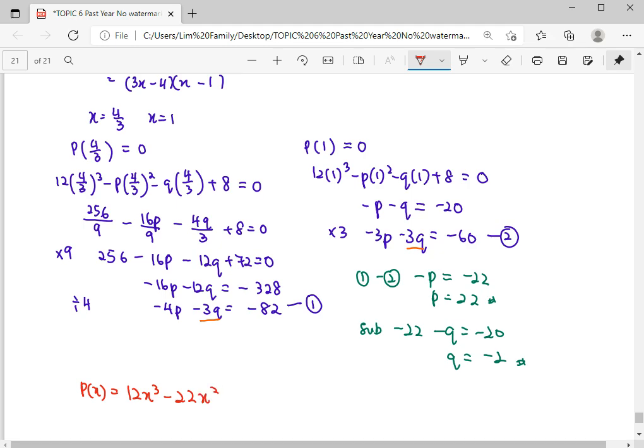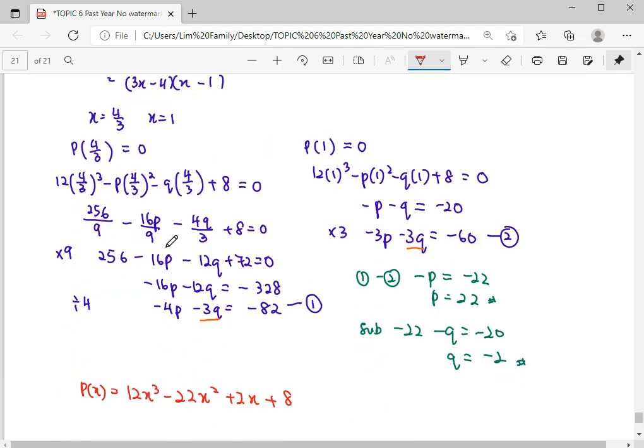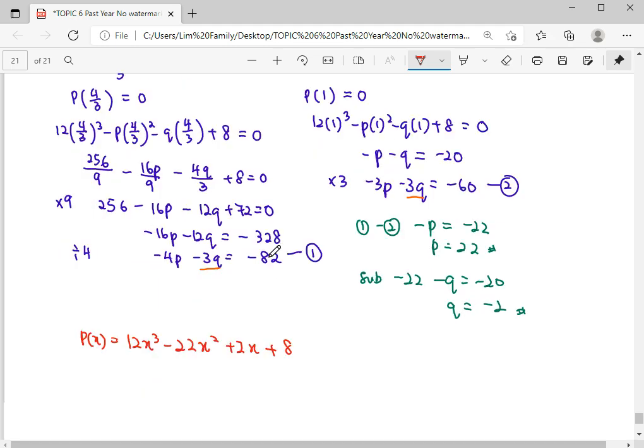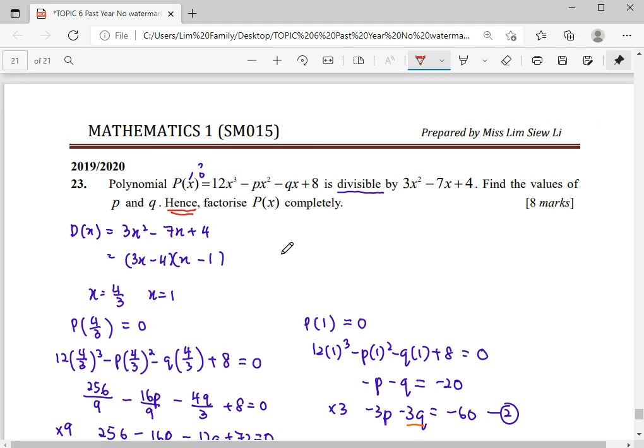And then your Q is negative 2 become positive. To factorize it completely, so one of the factor is this, because we said it can divisible, means it no longer. So one of the factor is this.